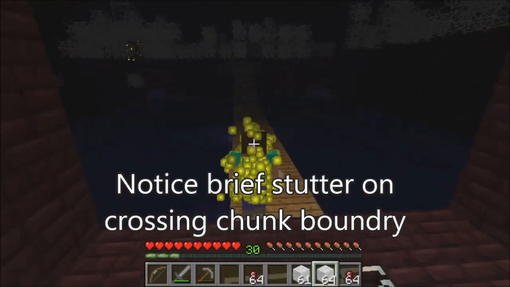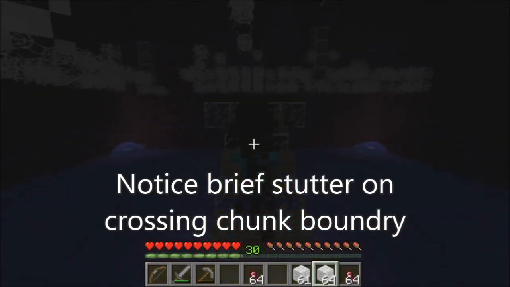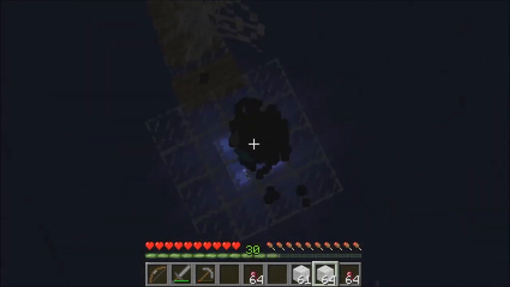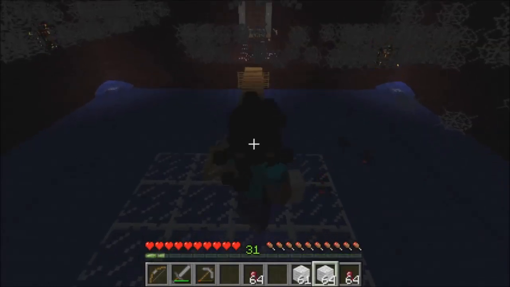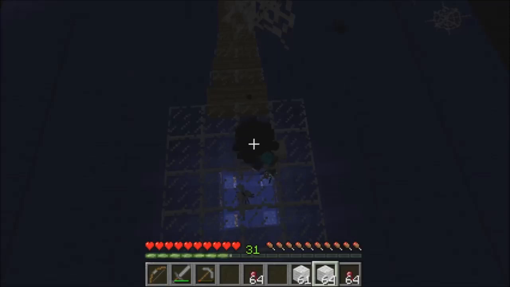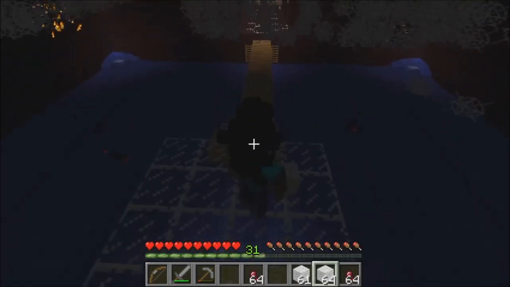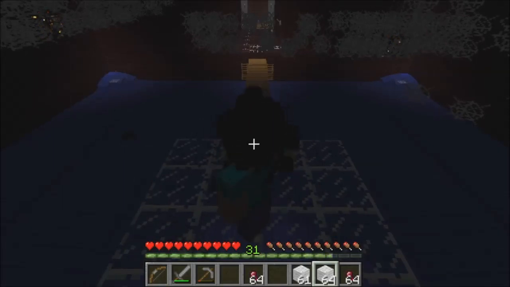And now we get to watch the lag come straight back. I may have been just a bit too late on rushing in. But there was a tiny visible spike on running back into the room.